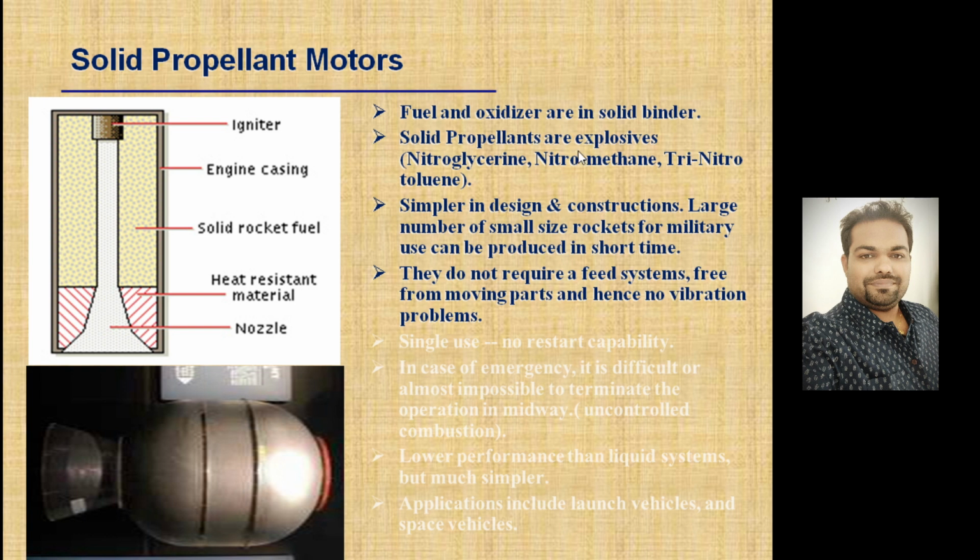So fuel and oxidizer in solid binder, as I clearly mentioned, and solid propellants are basically explosives like nitroglycerin, nitromethane, and trinitrotoluene. These are the three major solid propellants being used in solid propellant motors.